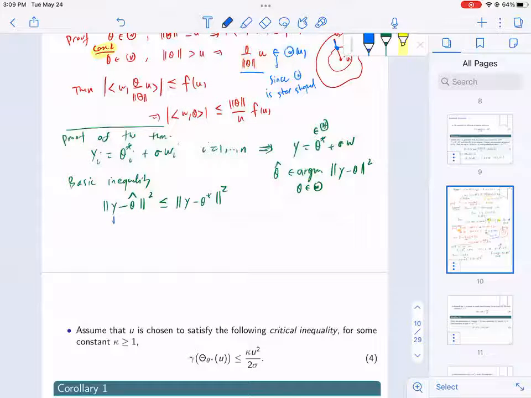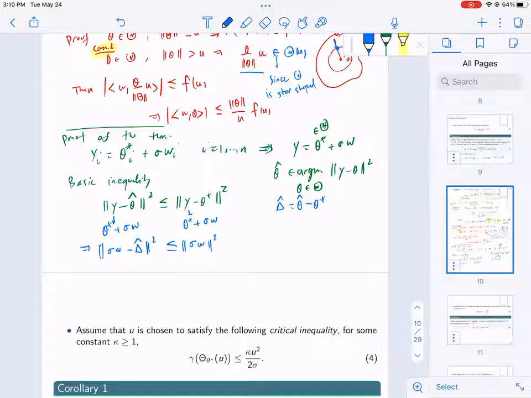Next, we're going to replace y with theta star plus sigma w. Let delta hat be theta hat minus theta star. This gives me the norm of sigma w minus delta hat is less than the norm of sigma w, squared. So I square this.